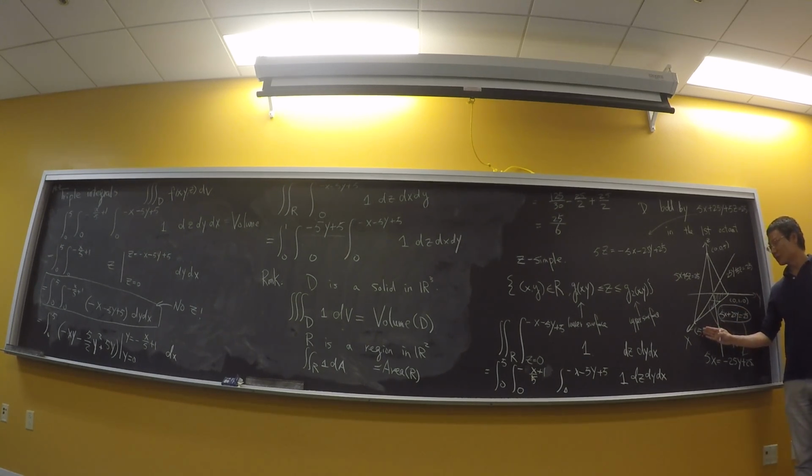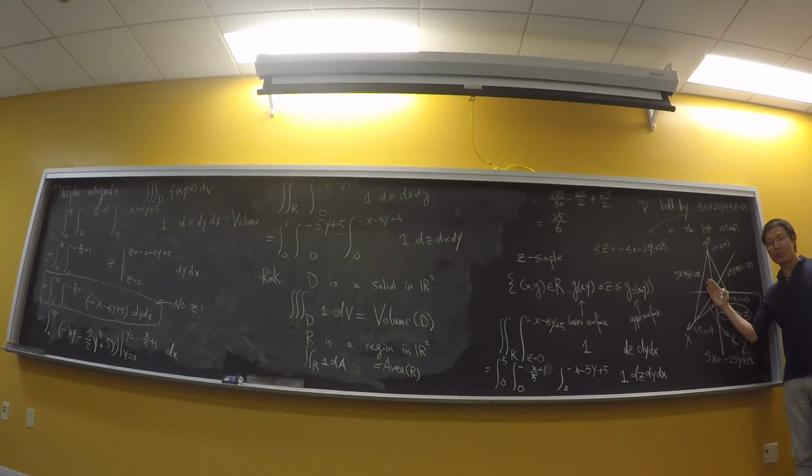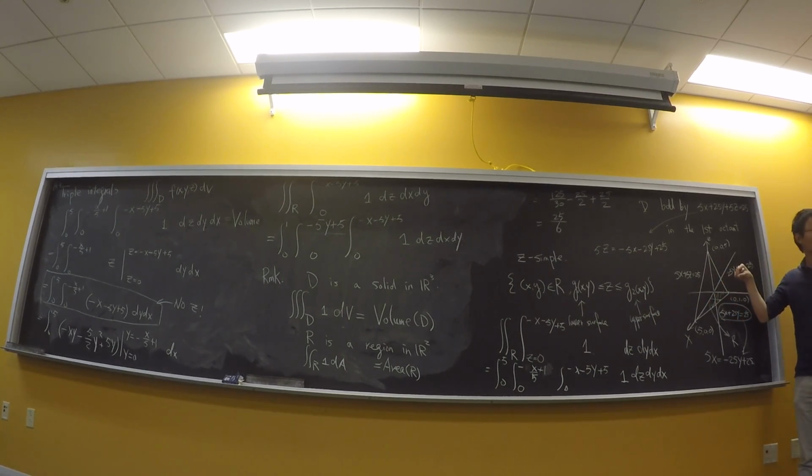If I want to go for X simple, I need a function in the positive direction of the axis and one in the negative direction, which basically bound this region in the x direction. So in the z direction, we have a lower and upper surface. In the x direction, you also have a lower and upper function. Can you imagine that?